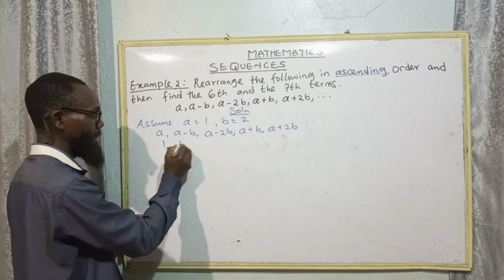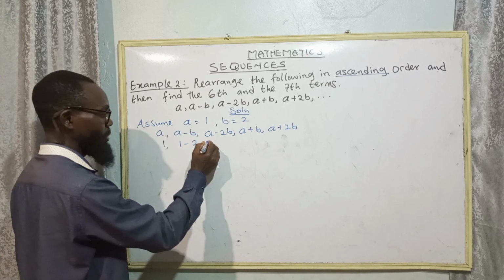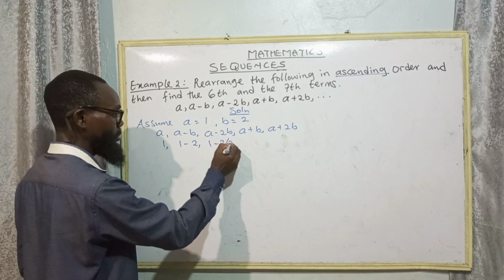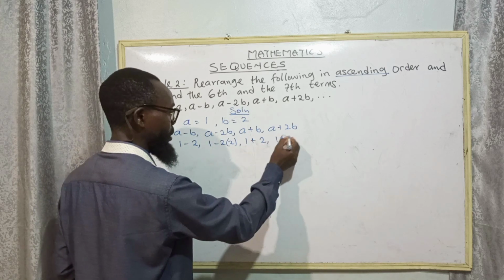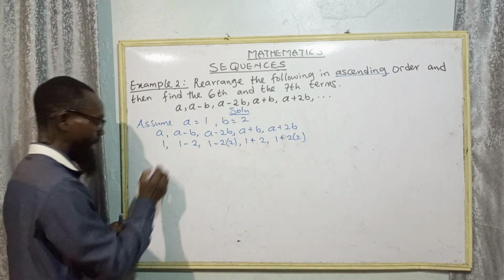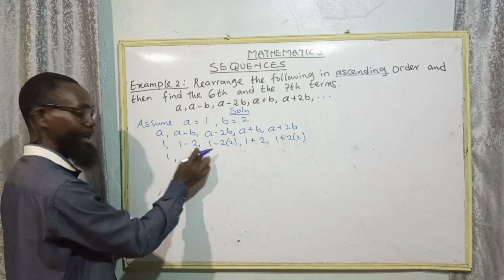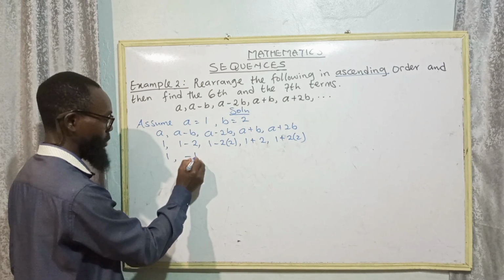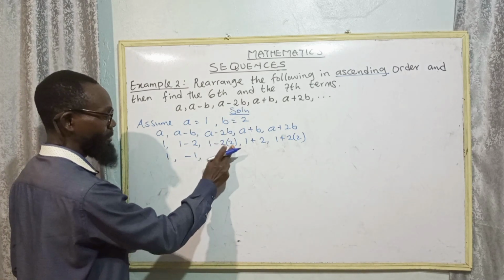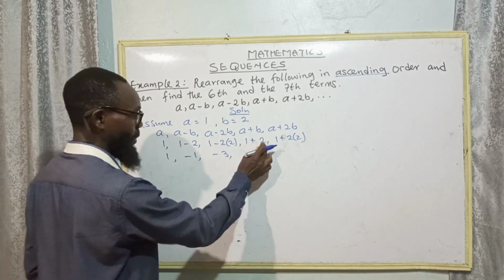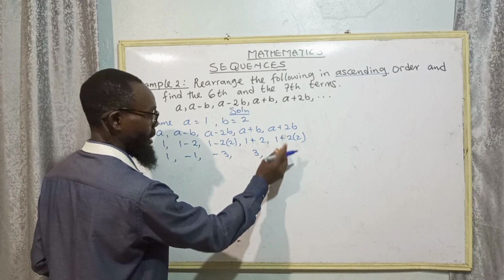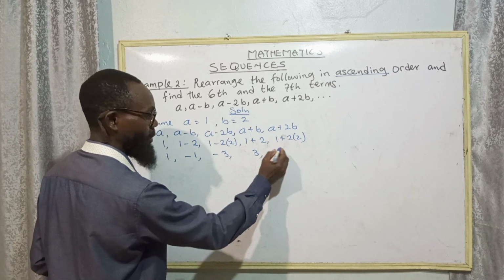Then this is 1 minus 2, or this one is 1 minus 2 times 2. We have 1 plus 2, and we have 1 plus 2 times 2. So here we have 1, then 1 minus 2, we have minus 1. This is 2 times 2, we have 4. 1 minus 4, minus 3. 1 plus 2, we have 3. 2 times 2 is 4, 1 plus 4, we have 5.